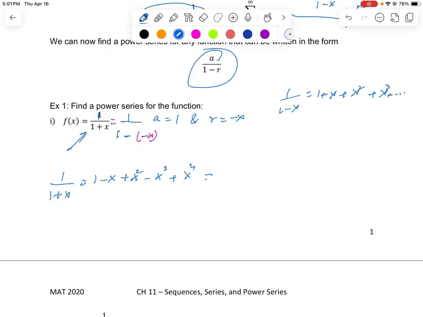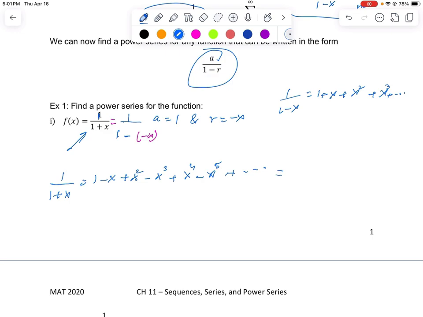Next will be minus x to the 5. Then next will be positive, dot dot dot. So this is the expansion of it, but now we want to write it in compact form with the summation sign.